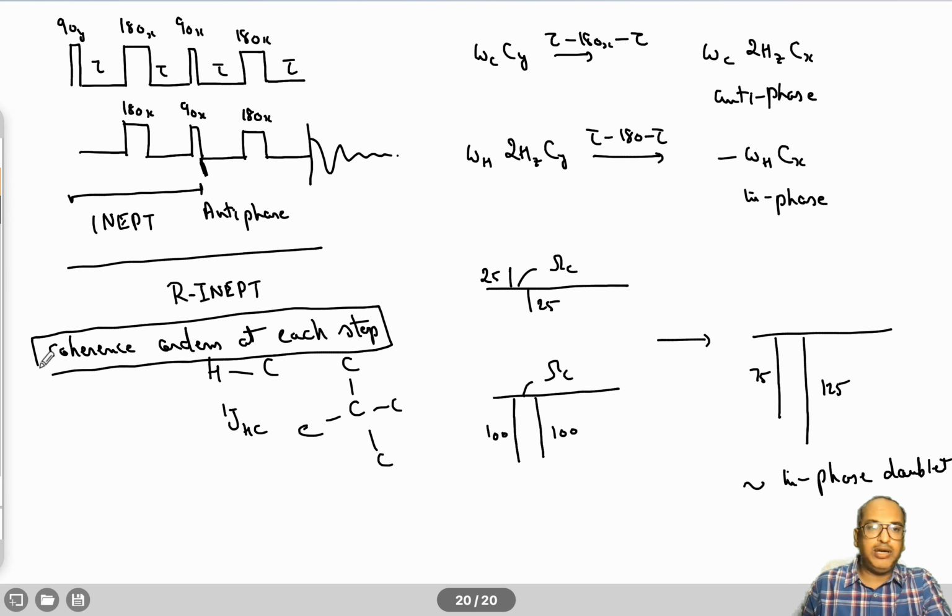Because now we have learned what coherence order is and how it can be calculated given a density operator.